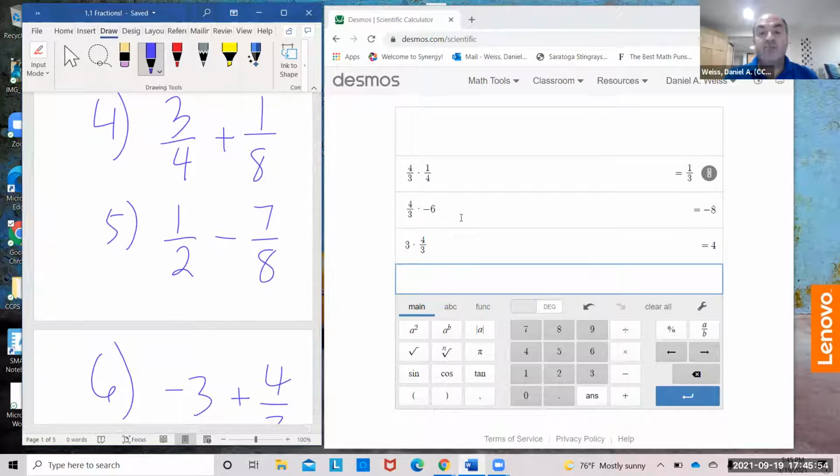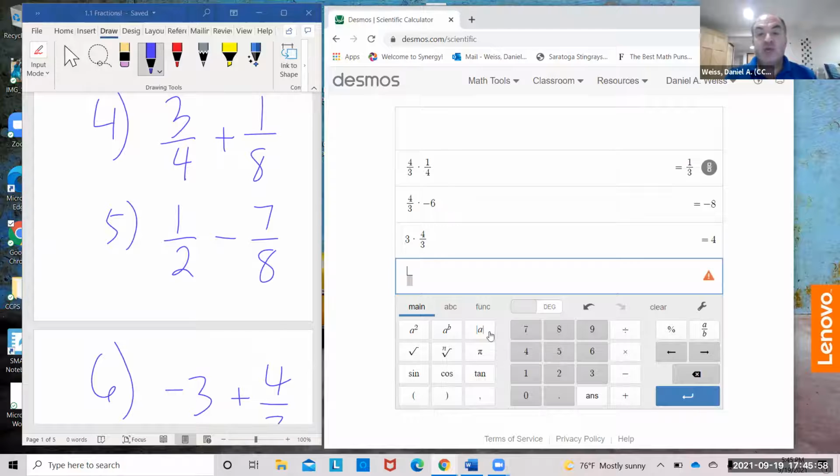Here, the next one is plus. Once again, A over B, 3 on top, 4 on the bottom. Don't forget to click to the right. This is very important that you do that. If you don't click to the right, what's going to happen if you hit plus? Look at that. It's going to do plus on the bottom of the fraction.